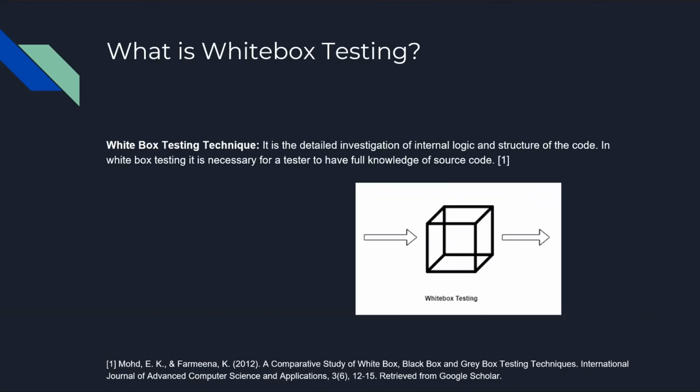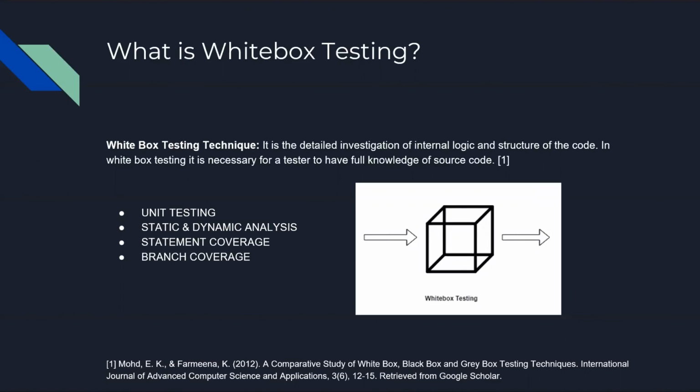Although traditional testers tended to think white box testing is done at the unit level, it is used for integration and system testing more frequently today, along with a few other levels, which we'll be addressing throughout this presentation. We're going to start with unit testing, then static and dynamic analysis, statement coverage, branch coverage, security testing, and last, mutation testing.